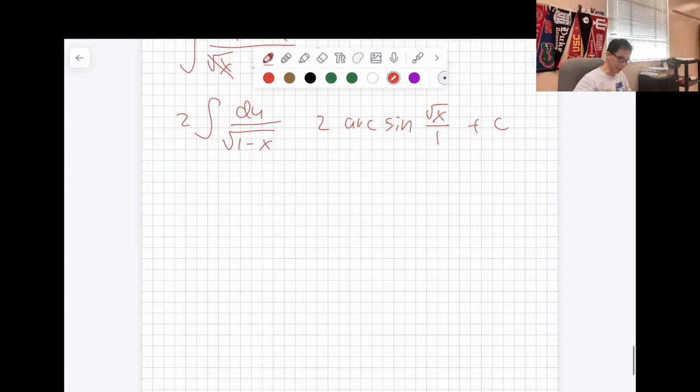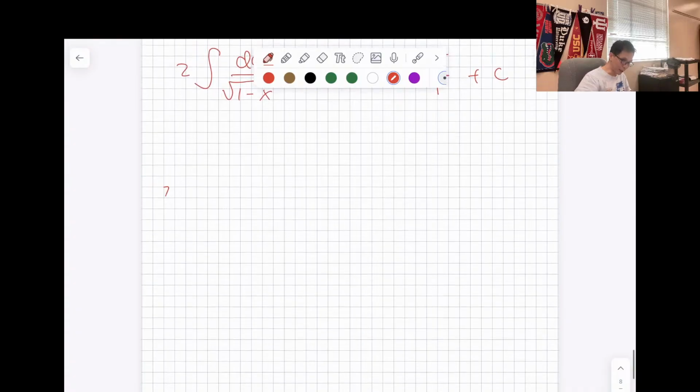But 37, that's another one. I think it's a very, very cool one. So the integral from 0 to 1 over root 2 of arcsine of x over square root 1 minus x squared dx. This one talks about inverse trig derivative and inverse trig integration at the same time.